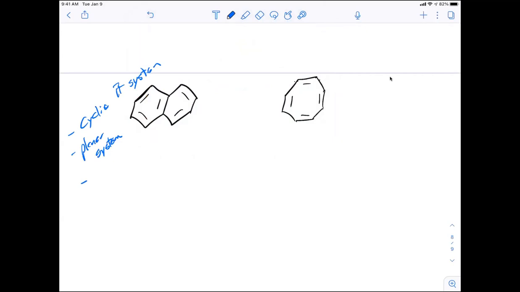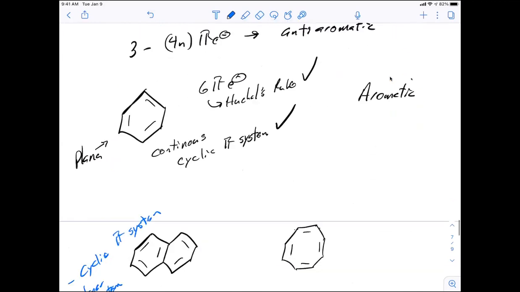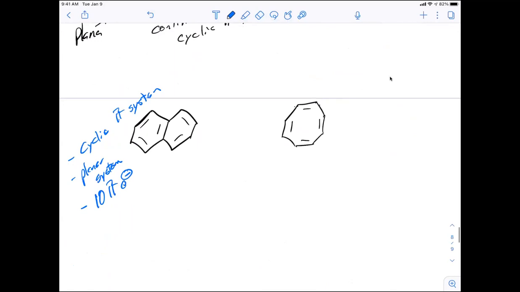Well, I have 2, 4, 6, 8, 10. So I have 10 pi electrons. So is 10 pi electrons part of the Huckel rule? Yes. If I had n equal to, again, n could be anything, I would end up with 10 pi electrons, right? So therefore, this one is aromatic.